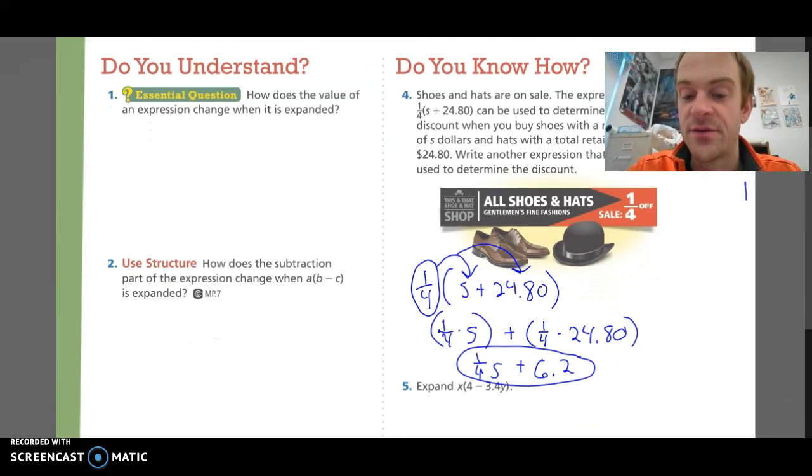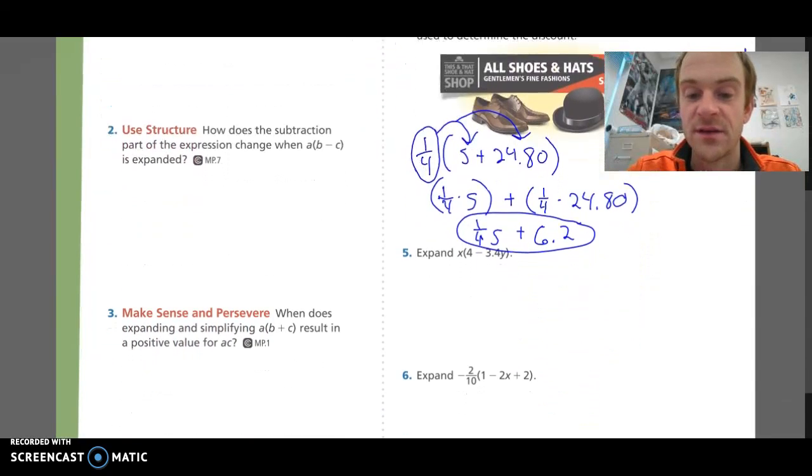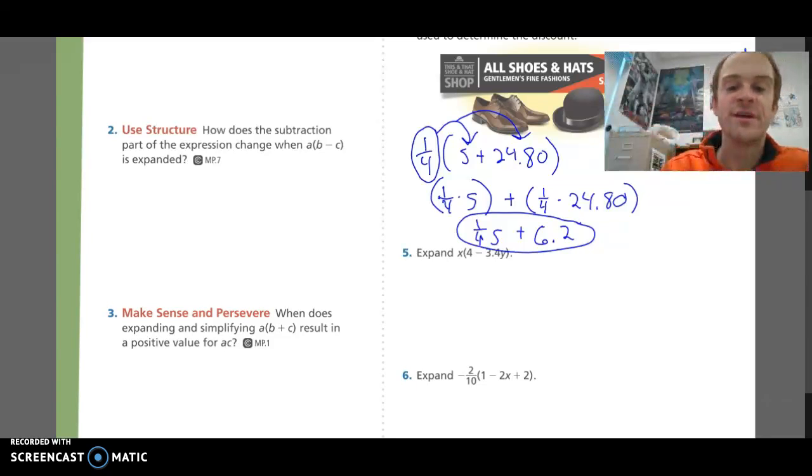So let's look at another example where we're expanding an expression. So here we've got the expression x times the difference of 4 and 3.4y. So again, I'm going to take whatever is outside of the parentheses and multiply it by each term inside.